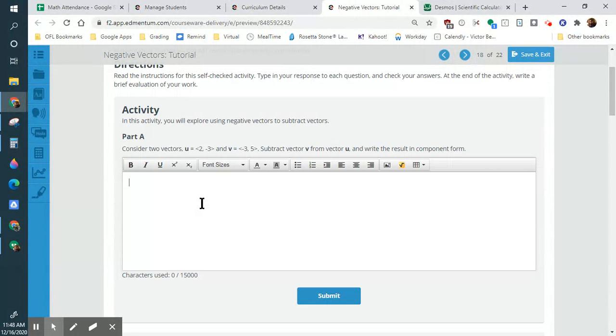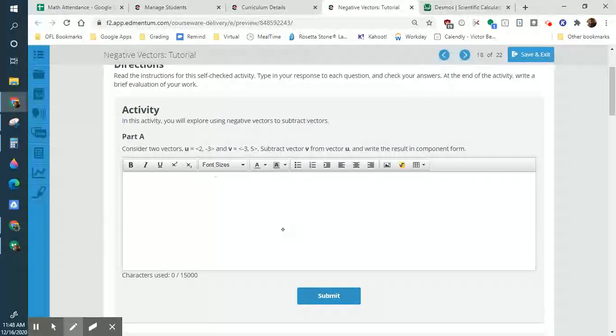So considering these vectors, subtract them. Subtract vector v from vector u. Okay, and this phrasing is very important. I'm just going to handwrite it in, and then we'll look at the answers. So subtract vector v from vector u.